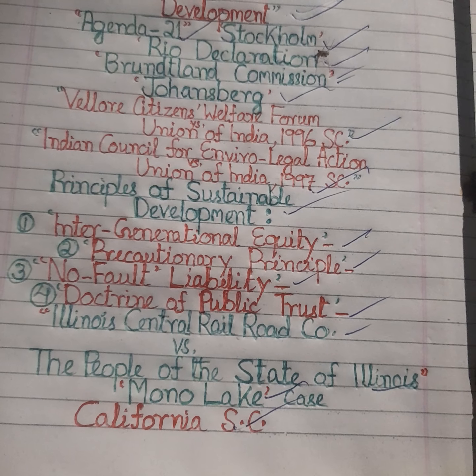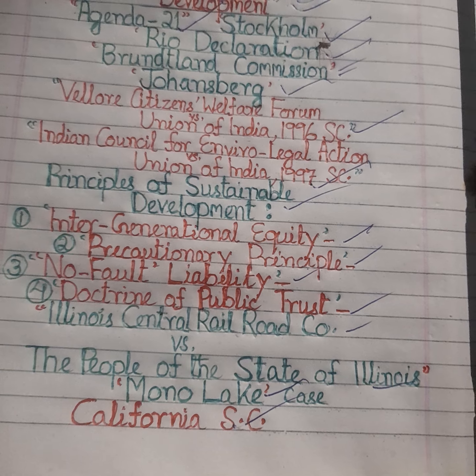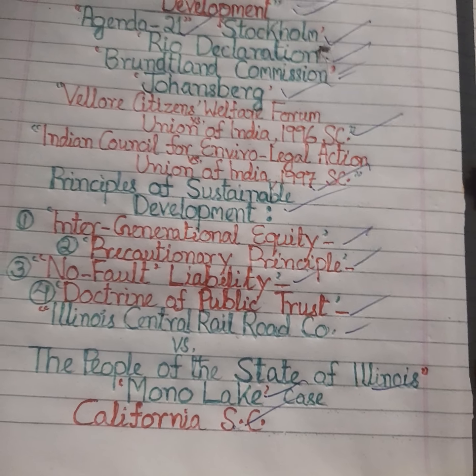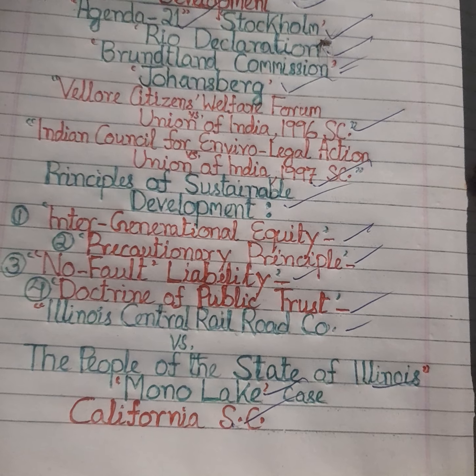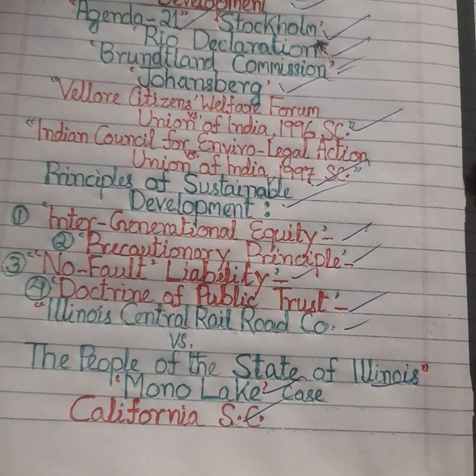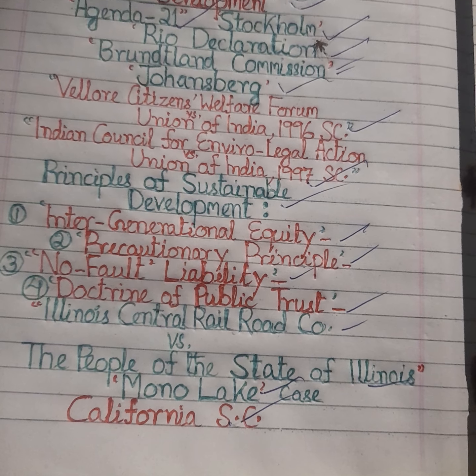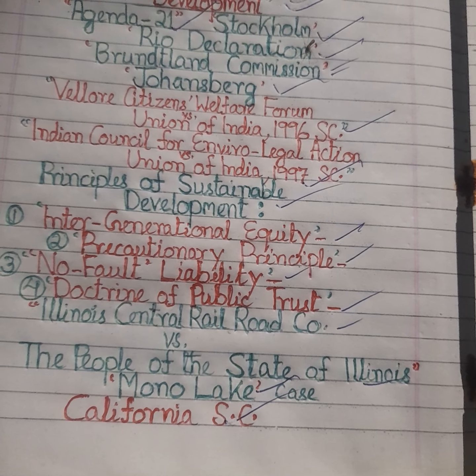After that, we discussed the important principles of sustainable development, such as intergenerational equity, the precautionary principle, the polluter pays principle, no fault liability, and finally the doctrine of public trust.